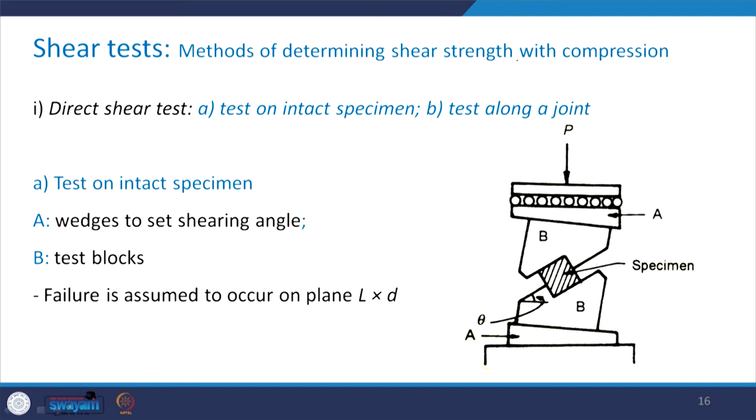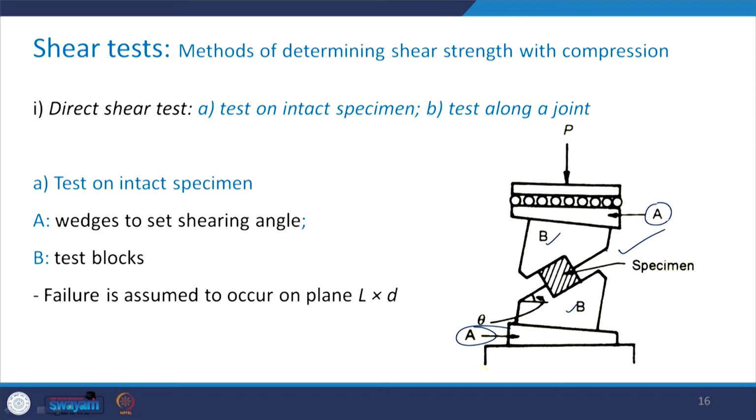So, basically this apparatus has wedges here, 2 wedges A, they are there to set the shearing angle. B is the test block which holds the specimen in this position, that is, it is making an angle theta like shown in this figure.